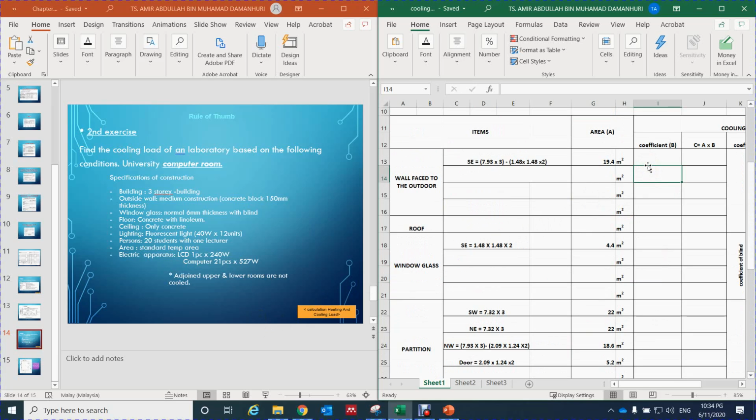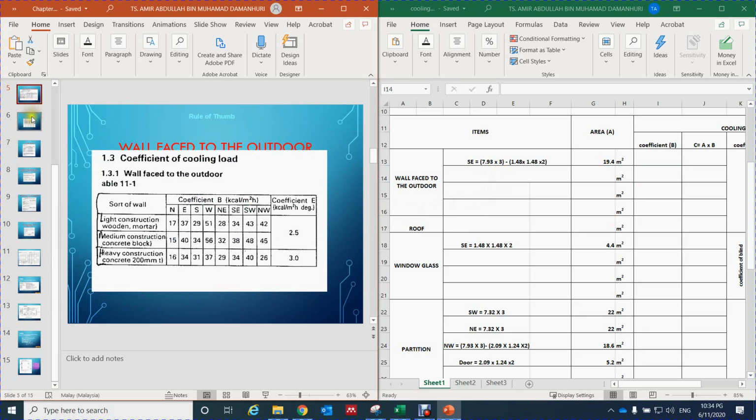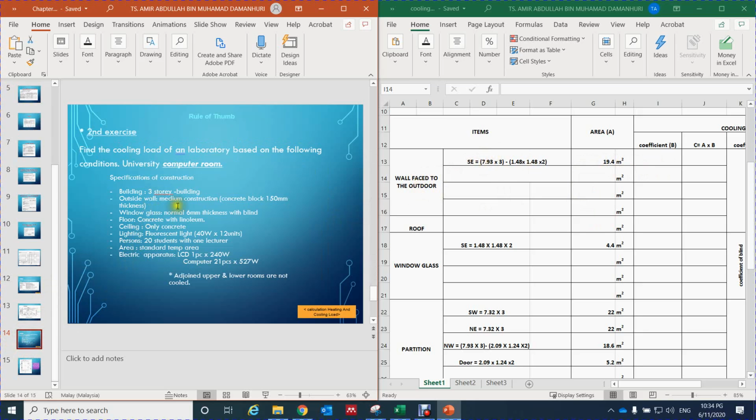So now we go to the coefficient B. Let's look into the coefficient B, the window glass. Okay, the first one is the wall facing the outdoor, so we go into wall facing the outdoor. It is on the southeast. Southeast, it is a medium construction, right?